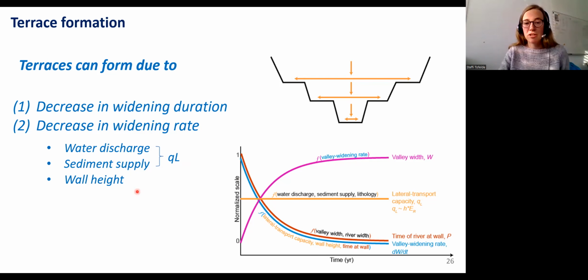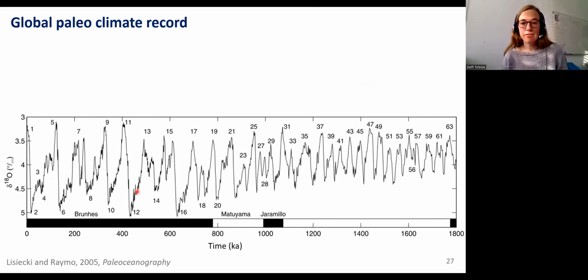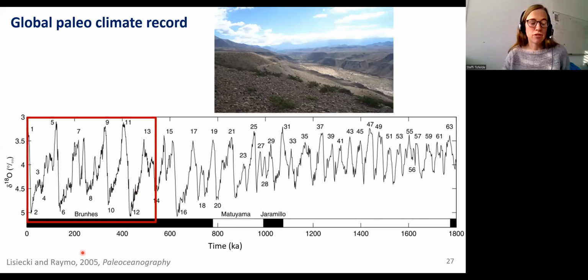So if we think about these terraces in Toro again, and we compare them to a global climate record, the global benthic oxygen isotope record from the Quaternary, and we look at the time span in which the terraces in Toro were formed, roughly the last 500,000 years, then we can see in these climate cycles no obvious reduction in the amplitude, the wavelength, or the period.